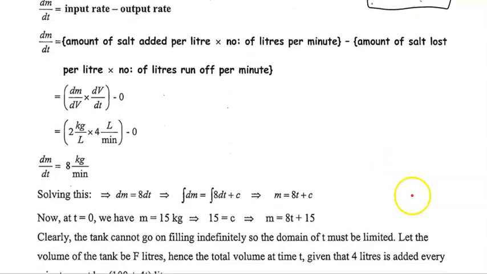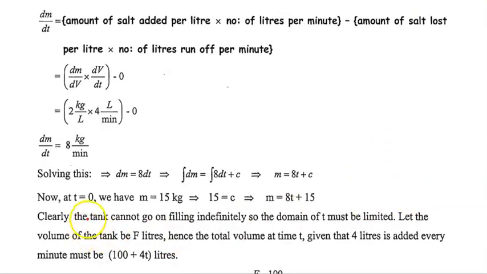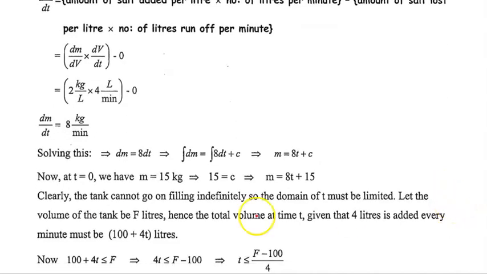All right, now the tank cannot go on filling indefinitely, so the domain of t must be limited. It's not an infinite container. There must be a limit at some point where it's full. So let the volume of the tank be F litres, capital F litres. Hence the total volume at time t, given that 4 litres is added every minute, must be 100 plus 4t litres.